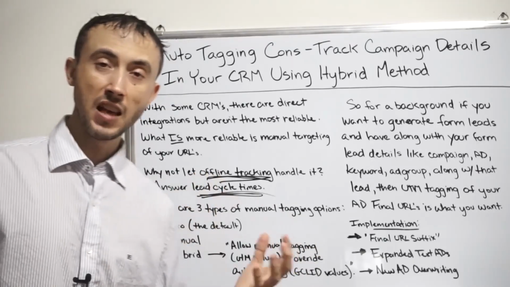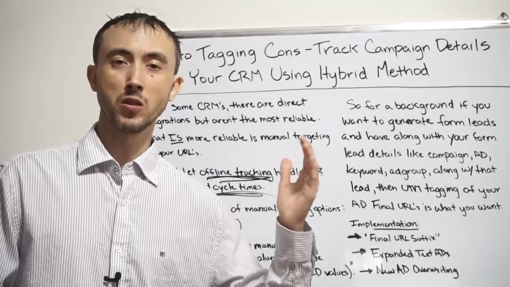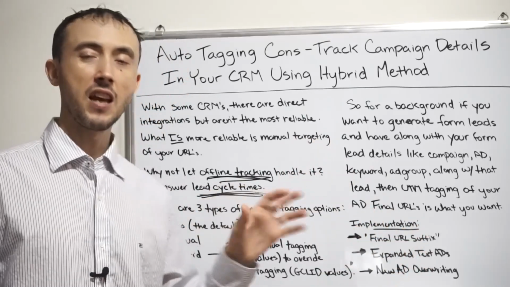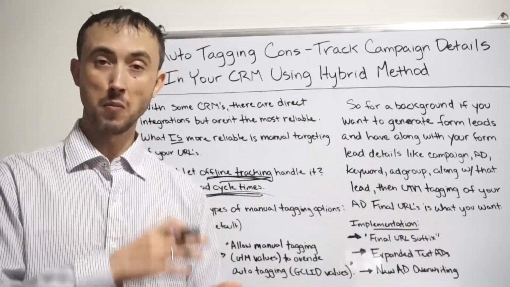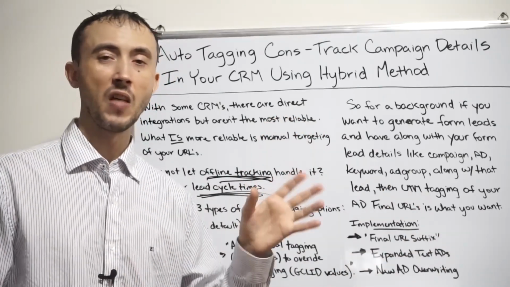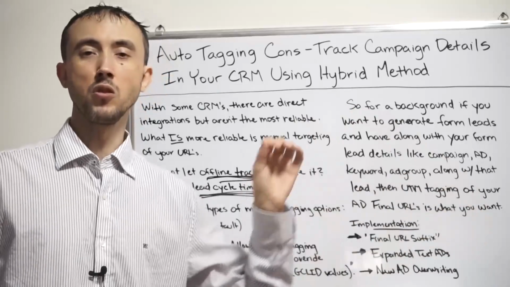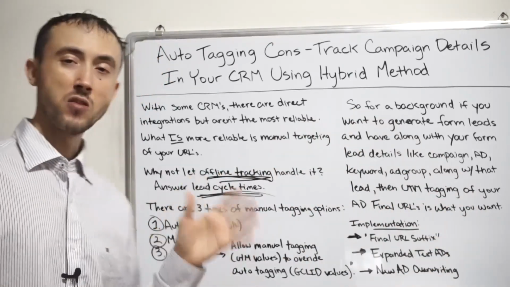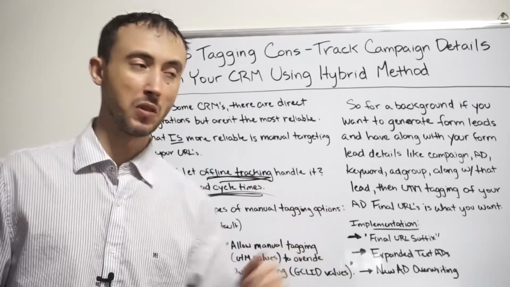As a side note, with the phone calls, if you use a company called CallRail, call tracking, you can actually get the same information, keyword, ad group, campaign, all that on the call side using that software. For form leads, this manual tagging option is where you get the same thing done.